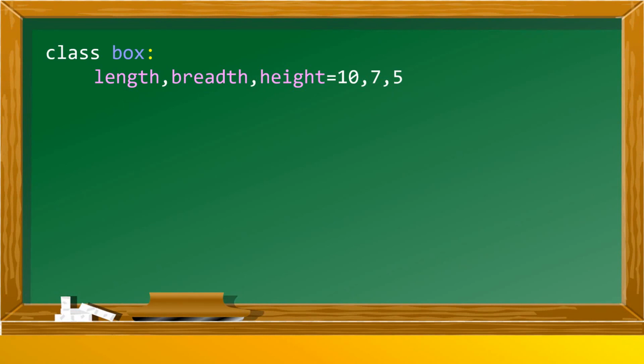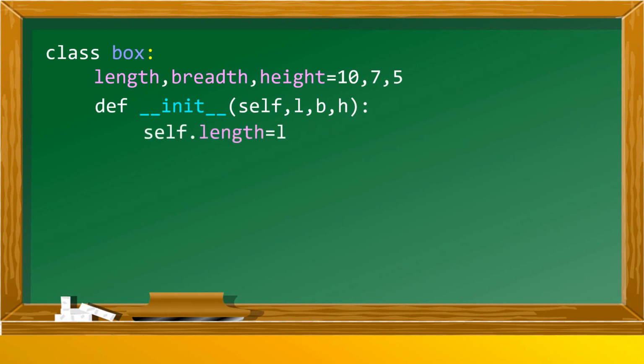Follow carefully. def __init__(self, L, B, H): and within the body of this method, self.length = L, self.breadth = B, self.height = H. That is, the values in these parameters L, B, H are now assigned to self.length, self.breadth and self.height.